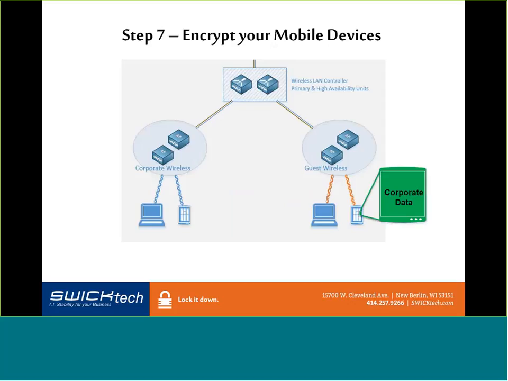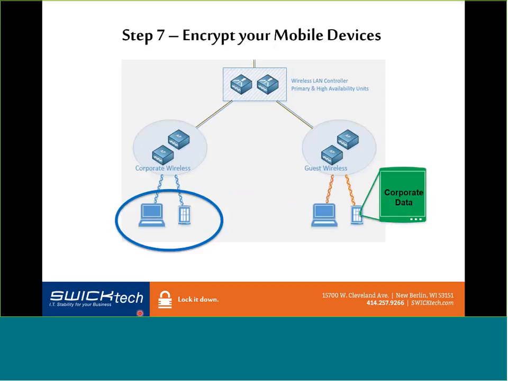Step 7, encrypt your mobile devices. In this case, you want to make sure that anything that accesses or might be holding corporate data is encrypted. Should the laptop get stolen or the phone get taken, with the encryption, people can't get the data off of it. They can't take your corporate secrets. Some of the newer phones nowadays are having the corporate data as an application on the phone rather than data that's stored itself.